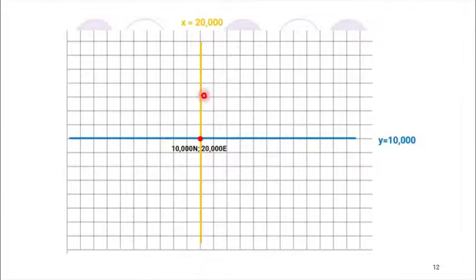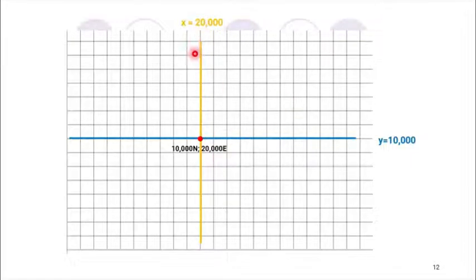Meaning, any points below this blue line have a y coordinate of lesser than 10,000, and any points above the blue line have a y coordinate of greater than 10,000.